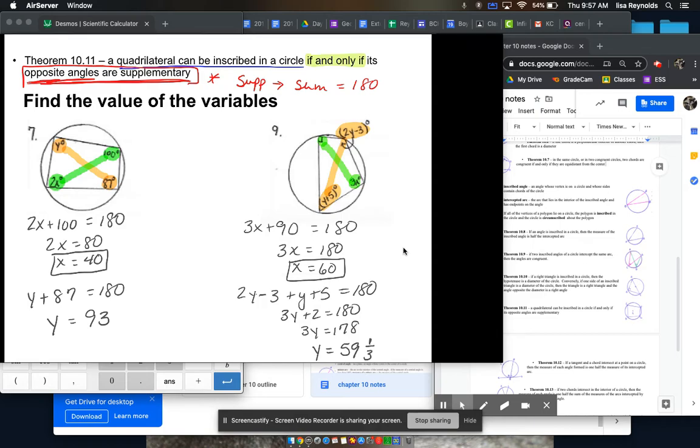Okay, so keep in mind that we are using our supplementary with each set of opposite angles, so we get 2 different calculations each time. So each problem uses that each set of opposite angles are supplementary.